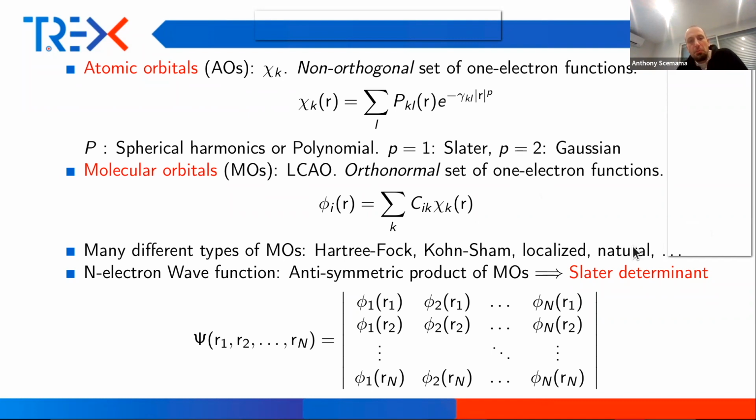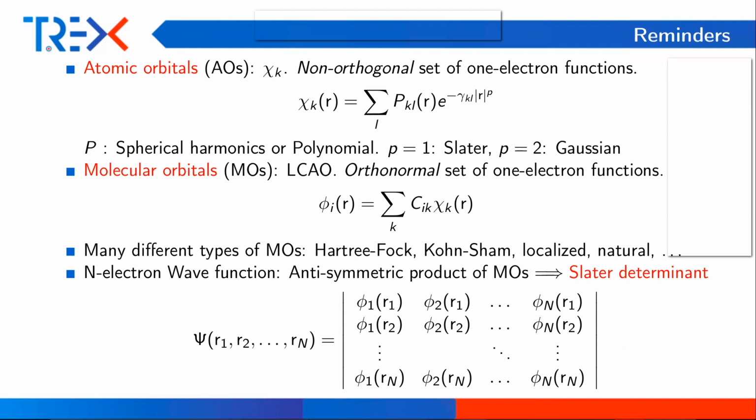But what is important is that almost always, these molecular orbitals are an orthonormalized set of atomic orbitals. Now, I represented here a single determinant wave function. The wave function is antisymmetric, so you need to construct an antisymmetric wave function. The simplest way is to take all these one-electron functions and make an antisymmetric product of MOs.